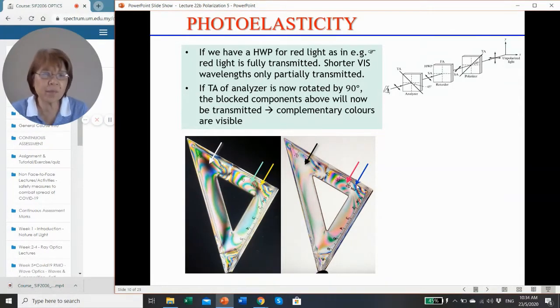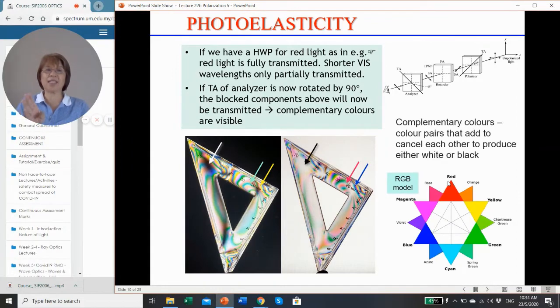Now over here, at this point, we should see blue, whereas here you see yellow. So these are the complementary colors. These are color pairs. When they add up to cancel each other, they will produce either white or black. And these are based on the RGB model, as you can see here in the color chart.